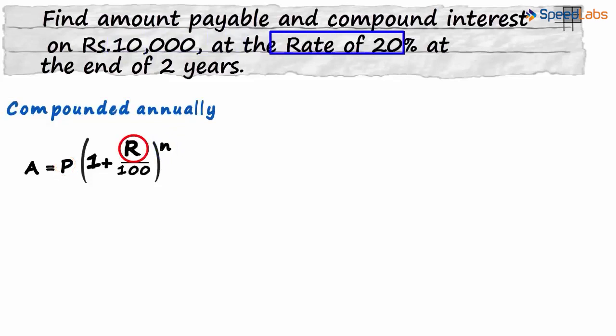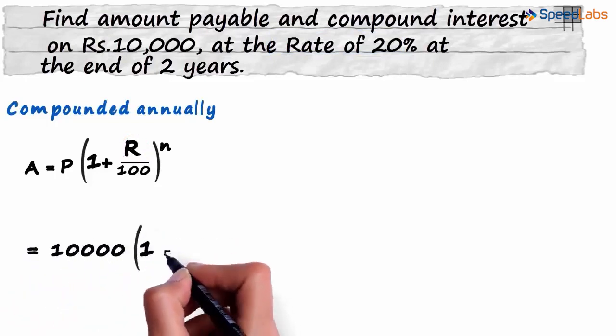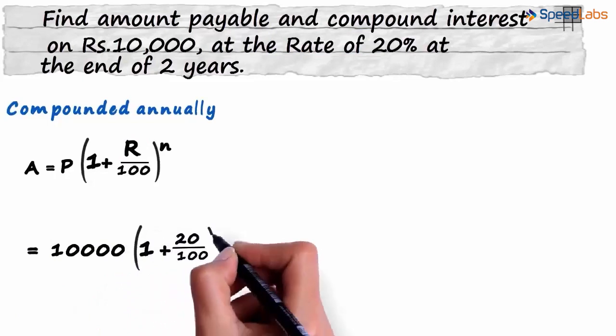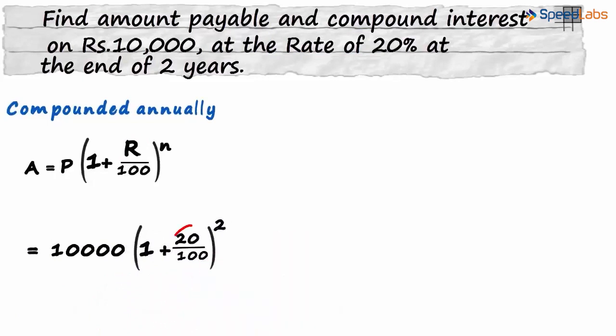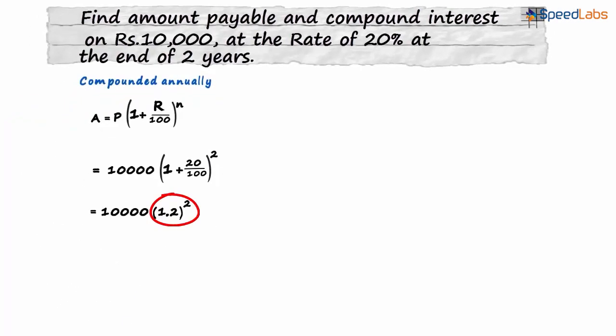The rate is 20%. We get the amount as 10,000 multiplied by 1 plus 20 by 100, the whole squared. This ratio equals 0.2. This can hence be written as 10,000 multiplied by 1.2, the whole squared. You would generally be given this value in the question.